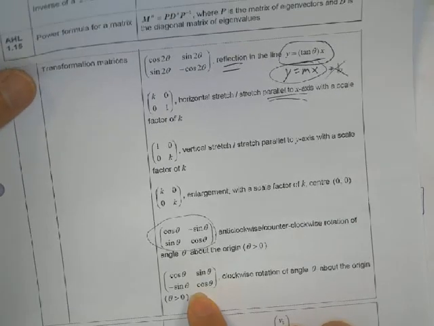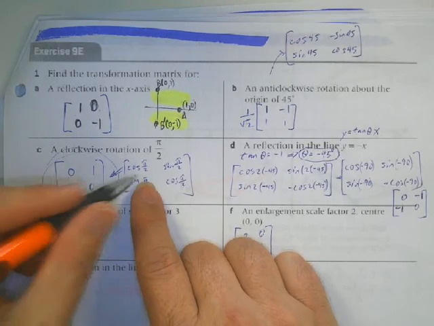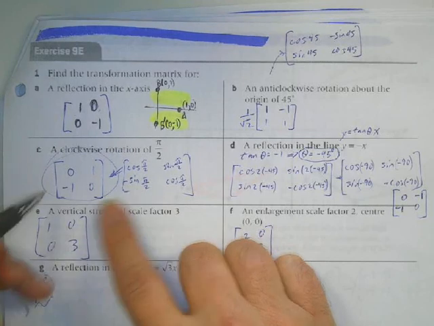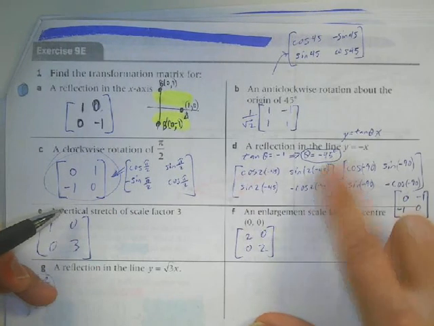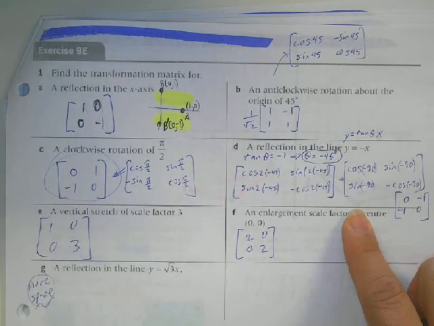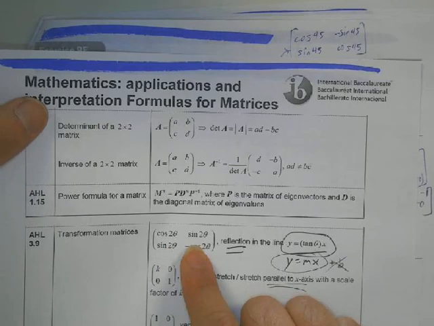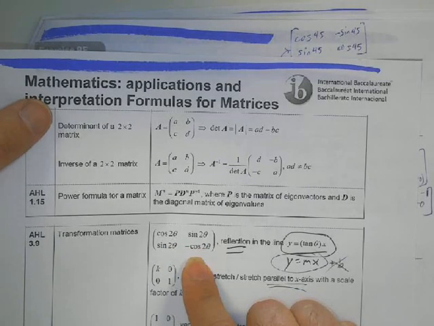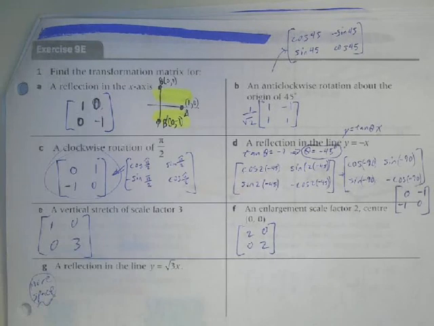Now, if I'm doing 90 degrees, if I plug in 90 degrees or pi over 2, we end up with this relationship. If I'm reflecting on the line of this, then we use the relationship sine 2 theta, cosine 2 theta with the sine 2 theta in this relationship. So I plug it in here. You might want to hit pause and check your answers.